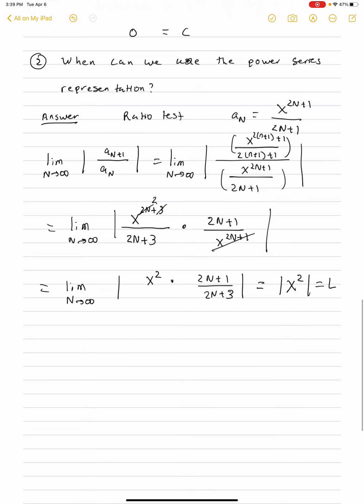The ratio test tells us this. The ratio test says when L is less than 1, i.e. x in absolute value is less than 1, the series converges.